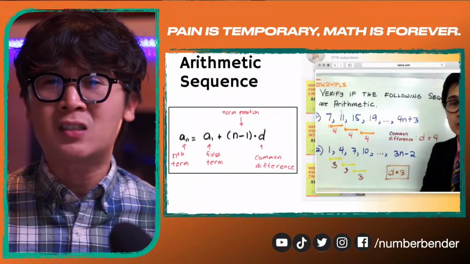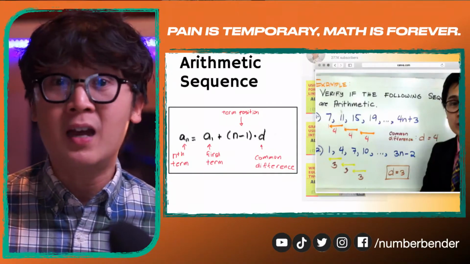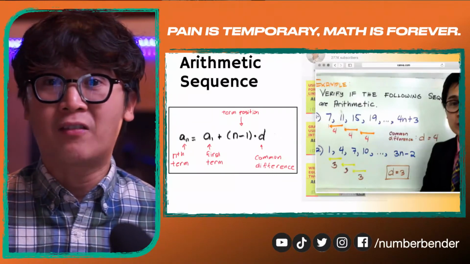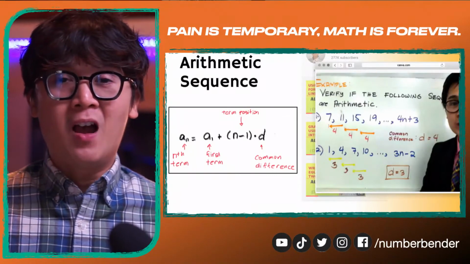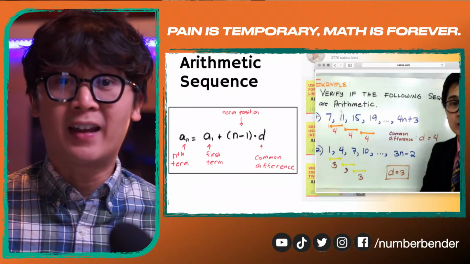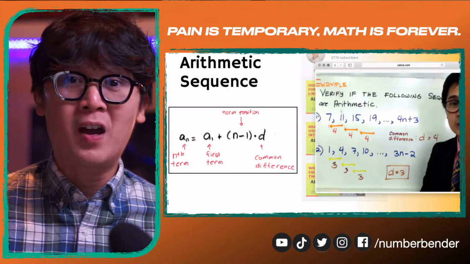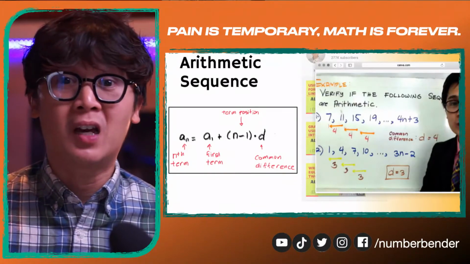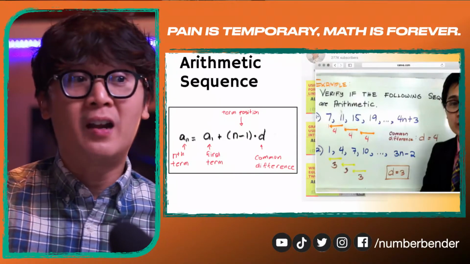It's all about understanding how to use it, when to use it, and how to replace a sub 1 and the common difference to construct the general formula for an arithmetic sequence.